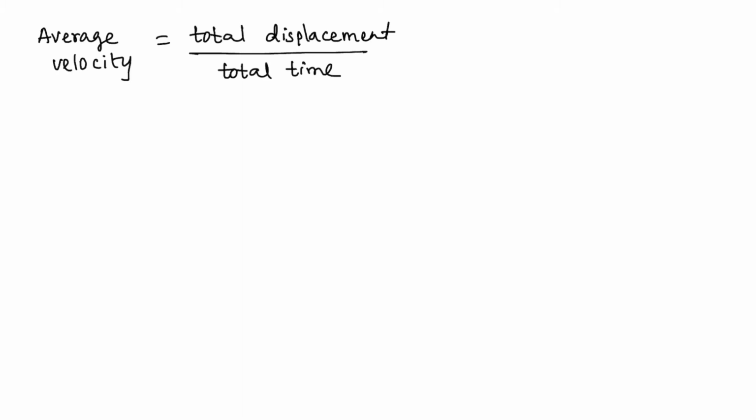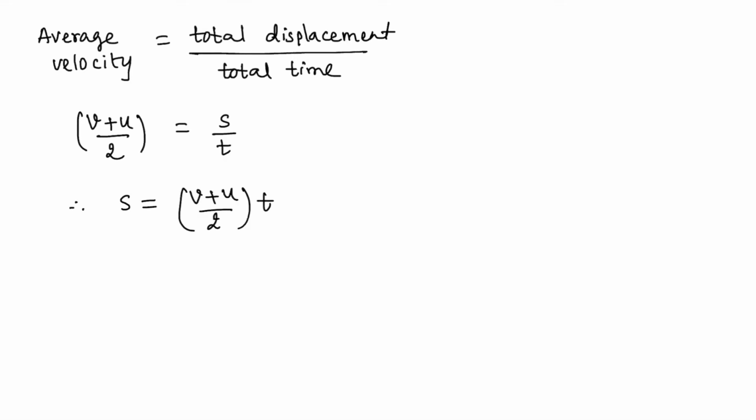Now for object moving with uniform acceleration, average velocity can be calculated using the formula v plus u by 2, that is final velocity plus initial velocity by 2 is equal to displacement s upon time t. So making s as a subject from here, we get v plus u by 2 into t. Let us label this as equation A.